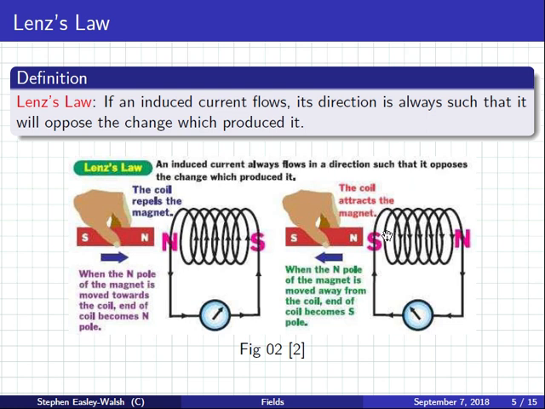Here, the magnetic field comes out and the current goes in. So magnet in, current out. Magnet out, current in. This is what we mean when we say oppose. It's opposite. You understand? Magnet in, current out. Magnet out, current in. That's Lenz's Law.